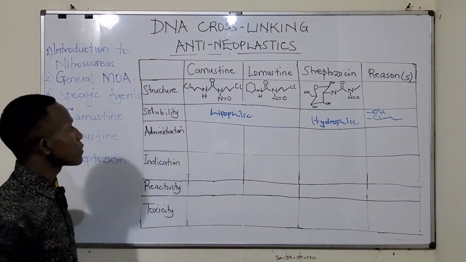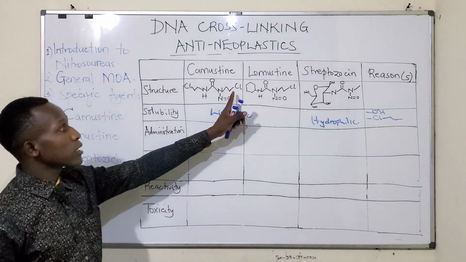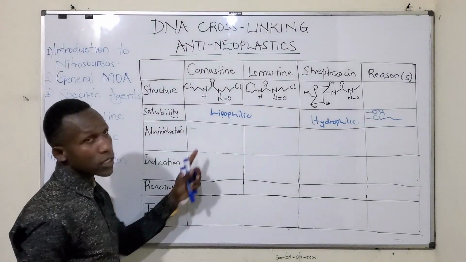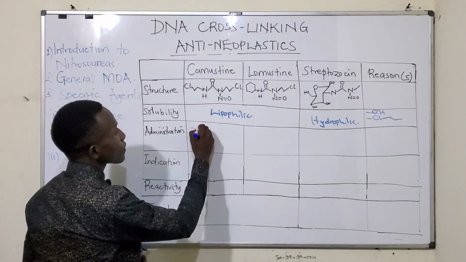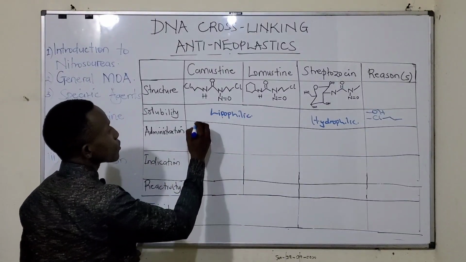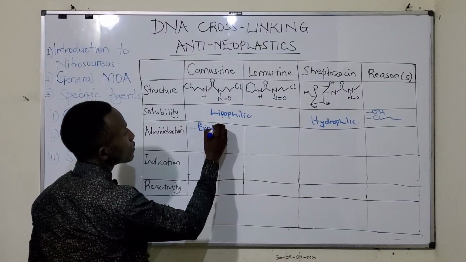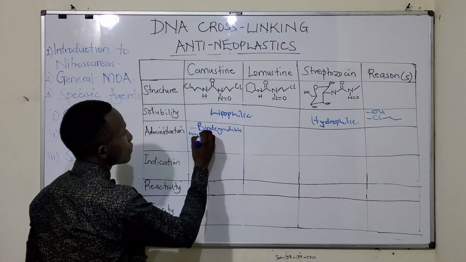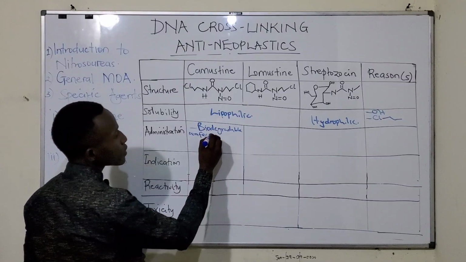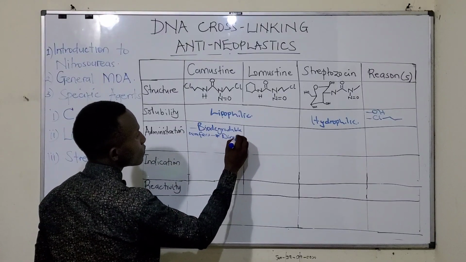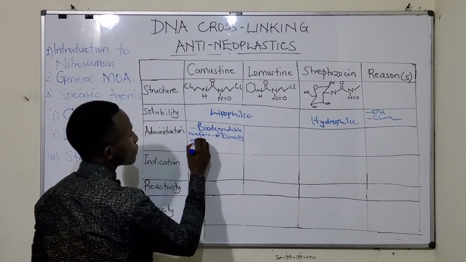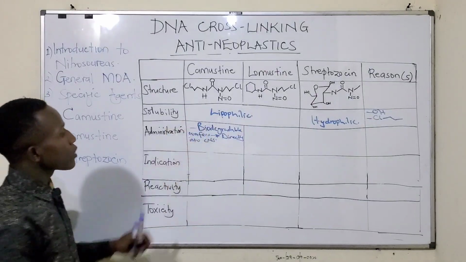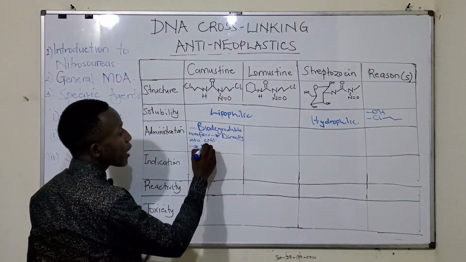When it comes to the administration, this carmustine is highly lipophilic. So administration is either directly into the CNS through the biodegradable wafers, or it can be administered IV.